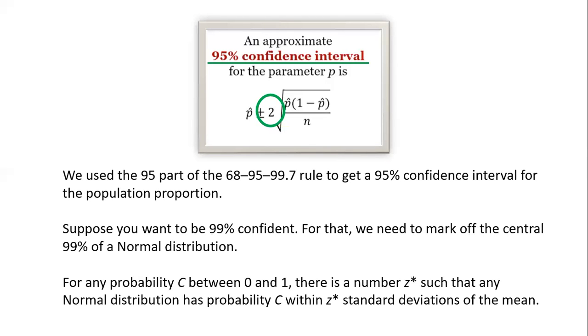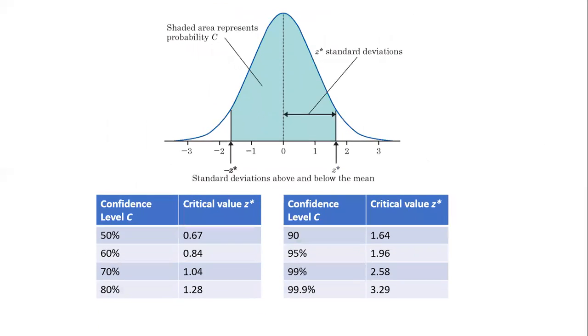For probability C of 68, 95, and 99.7, you already know the Z stars of 1, 2, and 3. But if we want to capture 90% of the data, we need to go up 1.64 standard deviations and down 1.64 standard deviations.